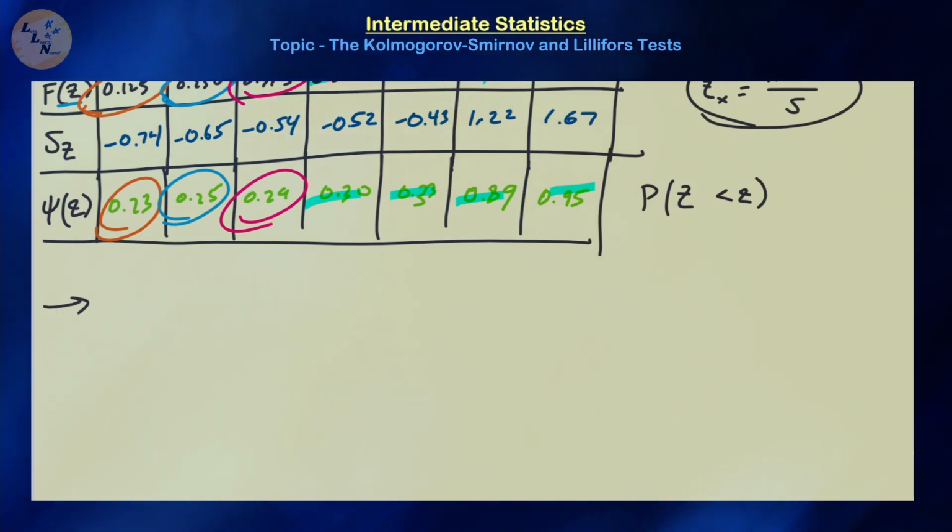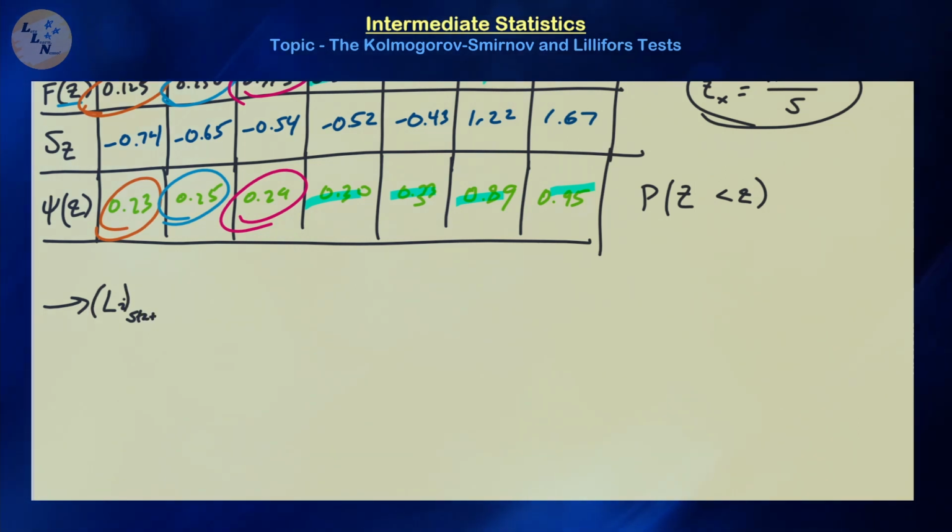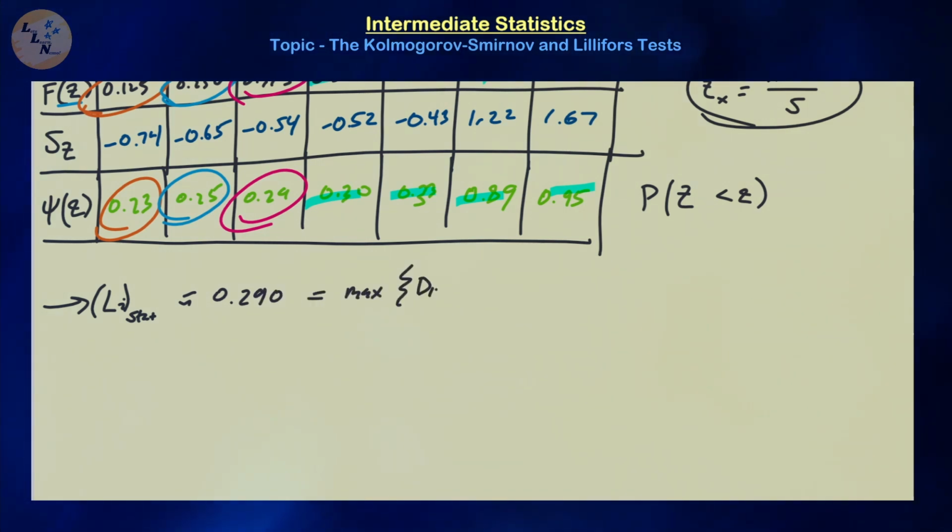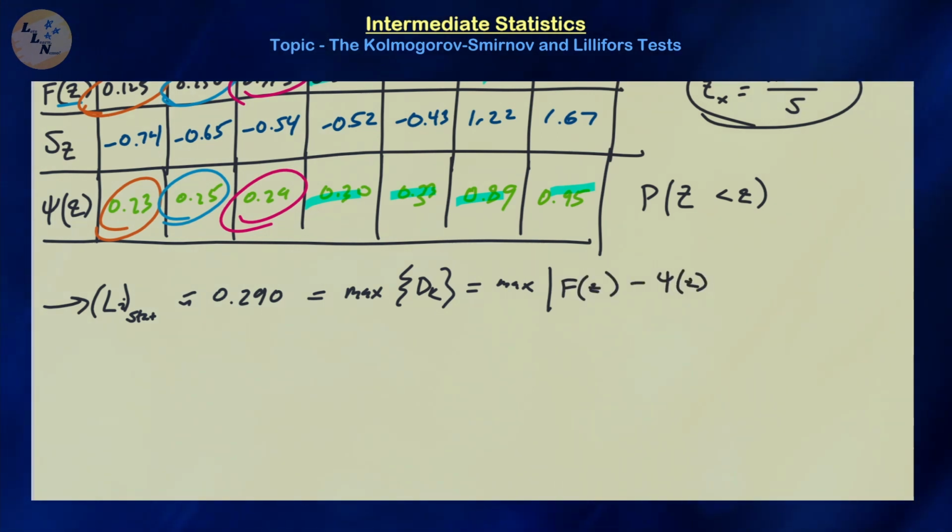Okay, so what are we going to be calculating? The Lilliefors test statistic, which I'm going to abbreviate as LI-stat, is approximately equal to 0.290. And again, this is equal to the maximum of the distances, so the maximum of the absolute value of F of z minus phi of z, or phi of z minus F of z, which is the same exact thing, across all z values in our data set.